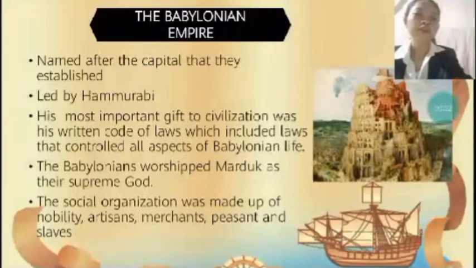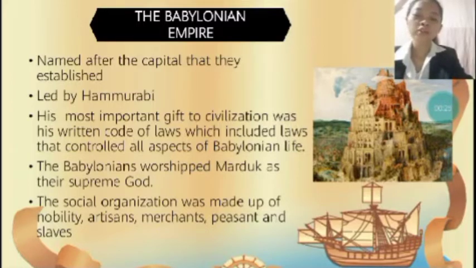The Babylonian Empire. It is named after the capital that they established, and it was led by Hammurabi. He was a military ruler and a just and wise statesman. His most important gift to civilization was his written code of law, which included laws that controlled all aspects of Babylonian life.